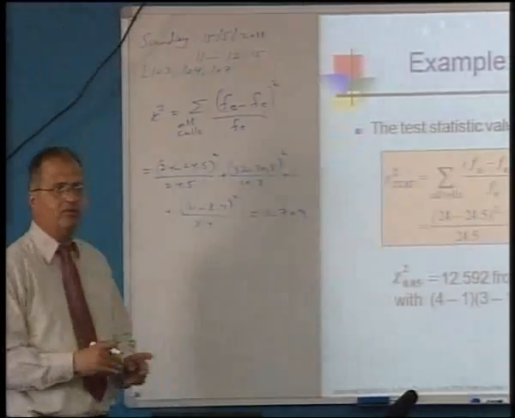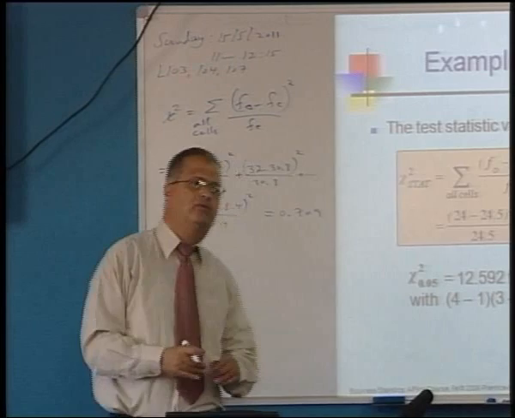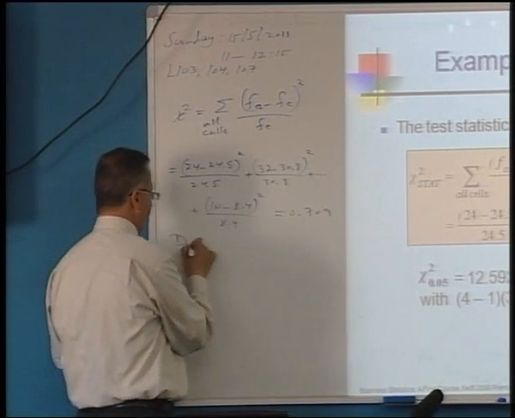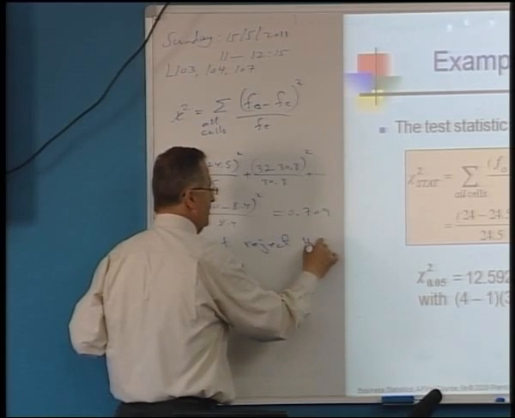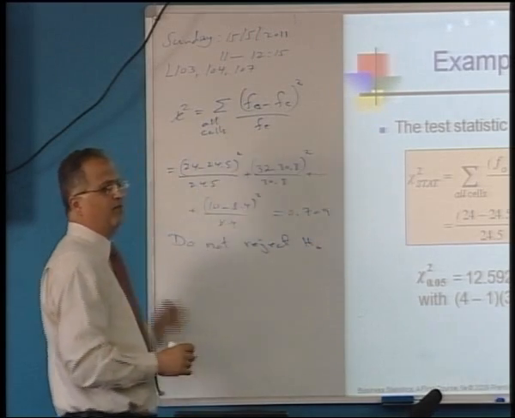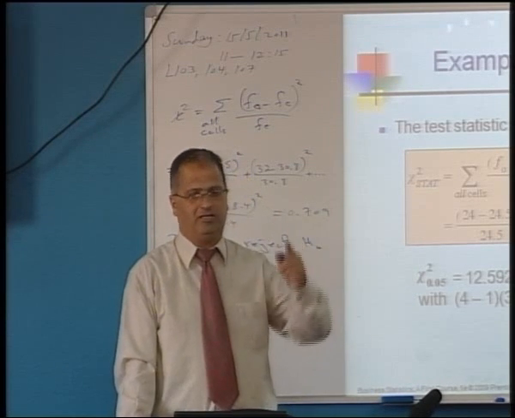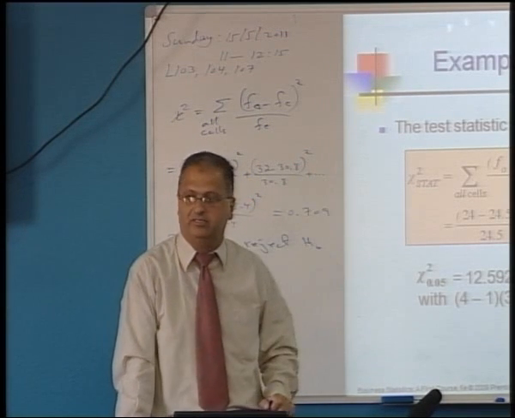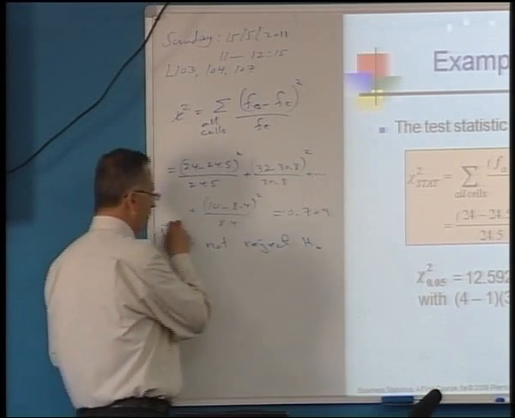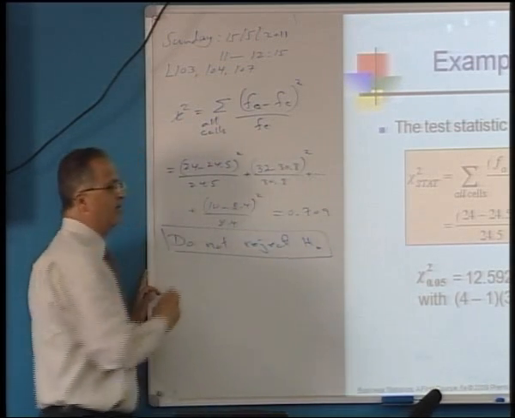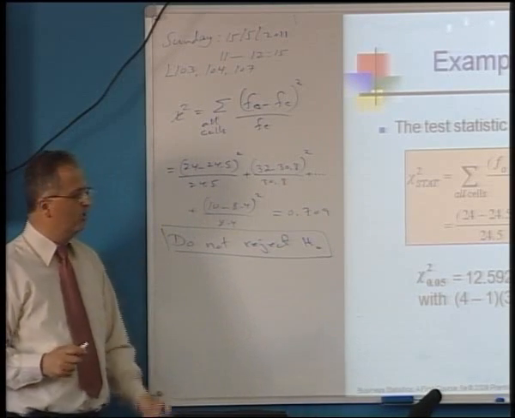Now, without looking at the table, we don't reject H0, because as we mentioned, the minimum chi-square value is 1.32. That's for 1 degree of freedom, and the alpha is 25%. So I expect my decision is don't reject the null hypothesis.